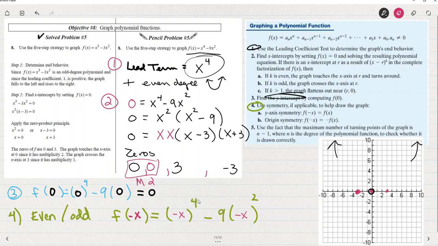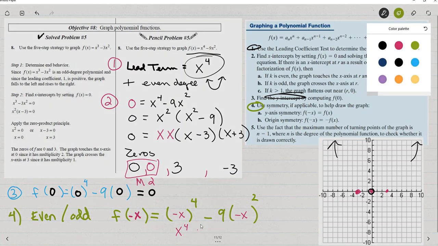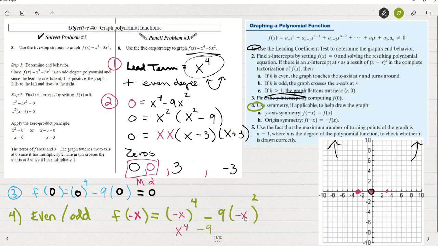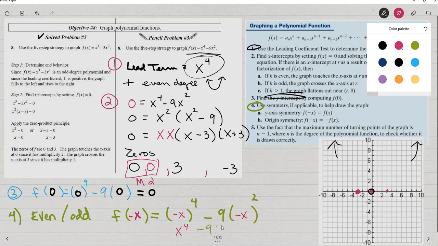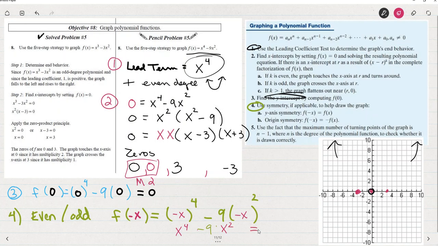This opposite of x to the 4th, that's just x to the 4th because 4 negatives turn to a positive. And then we have minus 9. The opposite of x times the opposite of x is again just x squared. So I get the function back.